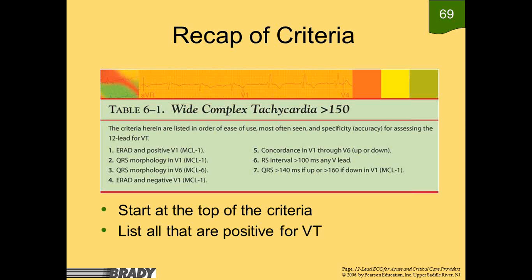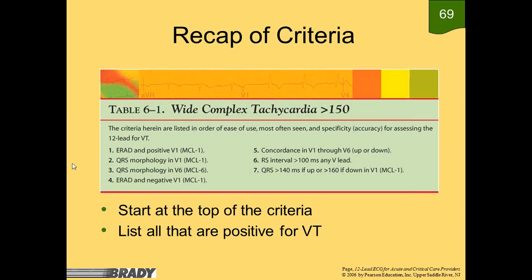Okay, so we're going to start at the top of the criteria, and we're going to list everything that's positive for VTach. So we're going to look at that extreme right axis deviation and positive V1.